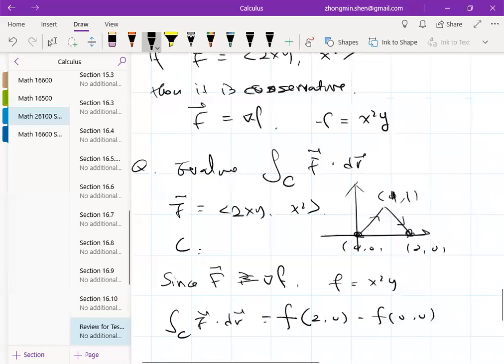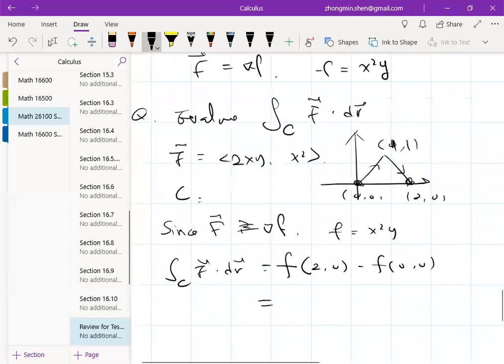Then it becomes very simple. It's going to be 2 squared times 0 minus 0 squared times 0, which is 0. All you have to do is just find the little f. It is going to be independent of the path. It just depends on the value of the little f at the 2 endpoints.